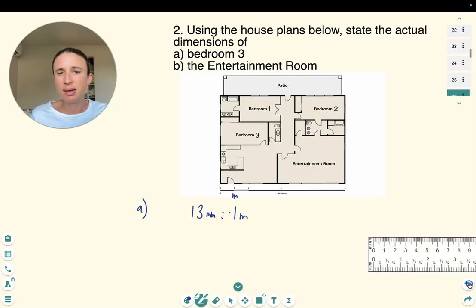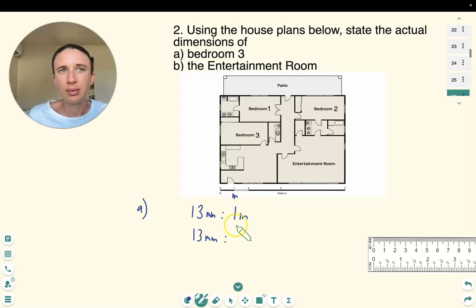So our first step, because we're creating that scale right now, is we want to get our units the same on both sides. Okay, so 13 millimeters, just so we're not dealing with decimals. How would I get meters to millimeters?